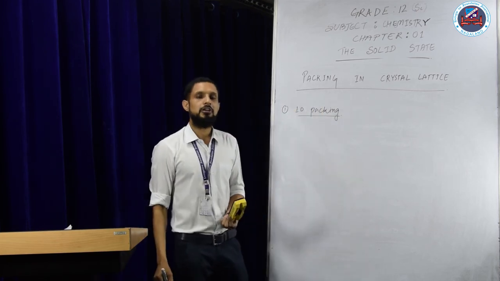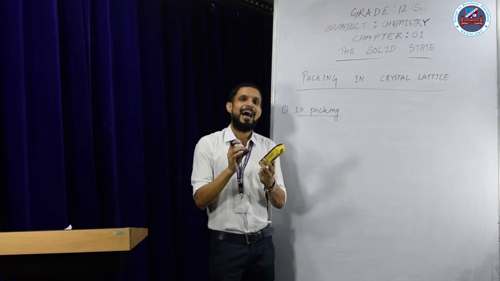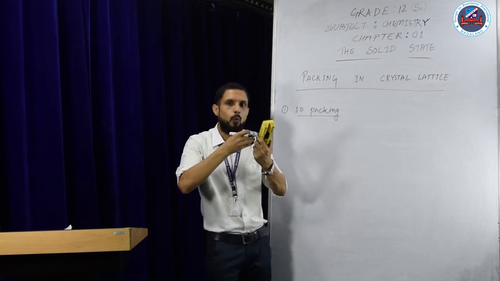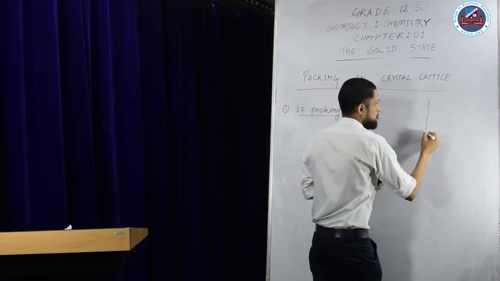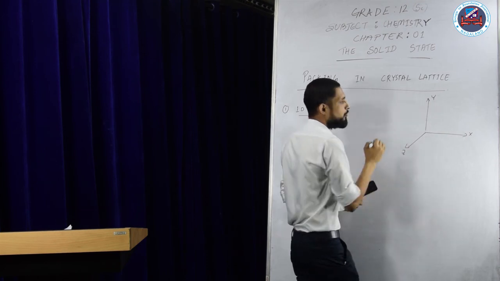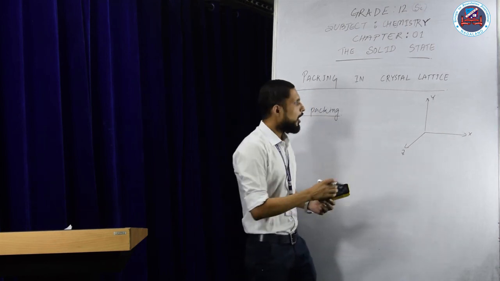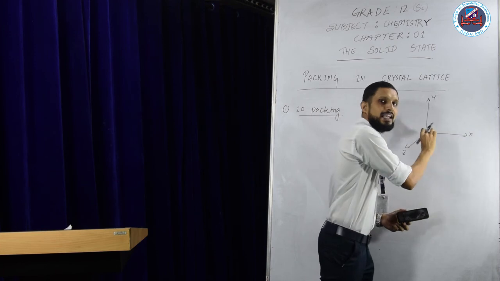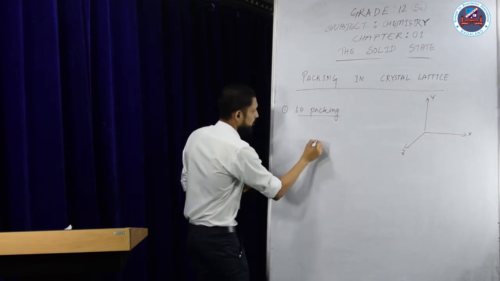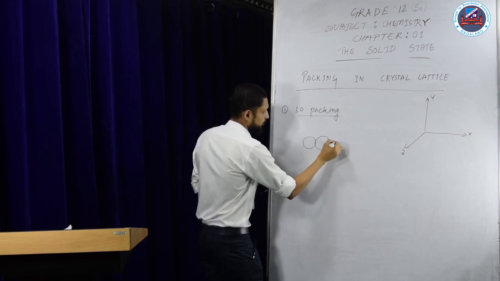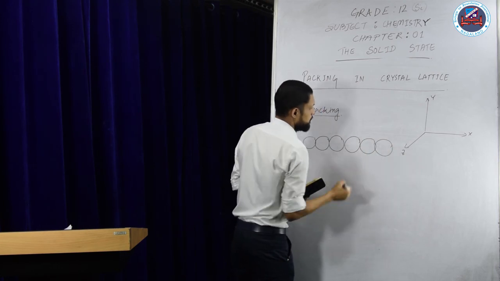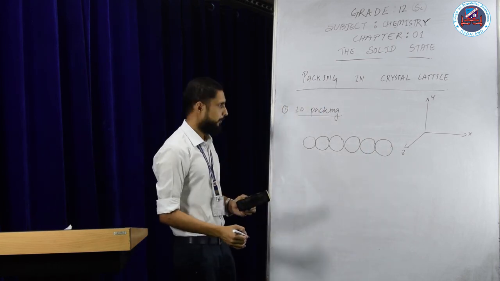In 1 dimensional crystal lattice packing, the atoms or the spheres, you can say, are arranged along one axis. Say this is X, Y, and Z. The spheres or the atoms are arranged only along x-axis. That means there will be one row like this. This is 1 dimensional packing.